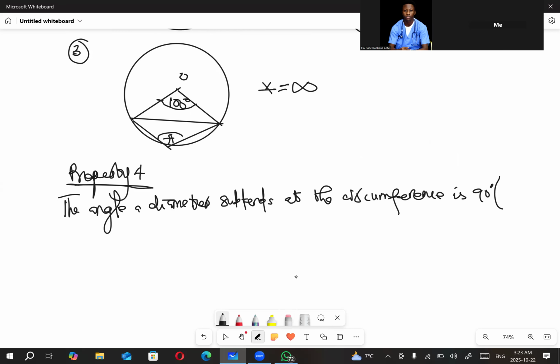You can write complementary when you are solving. Instead of saying the angles add up to be 90 degrees, you can just say complementary.